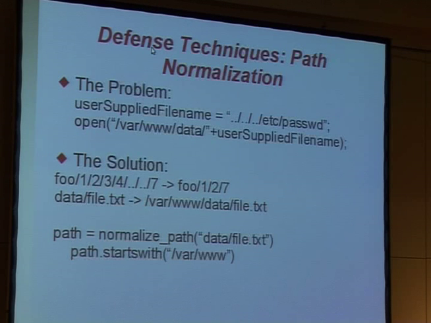One of those defense techniques is path normalization, where instead of just concatenating any random way, in this case, you don't do input validation. You just take whatever you get, you do whatever you want with it, but afterwards, in the end, you normalize it. You put it into a format that allows input validation after the fact.